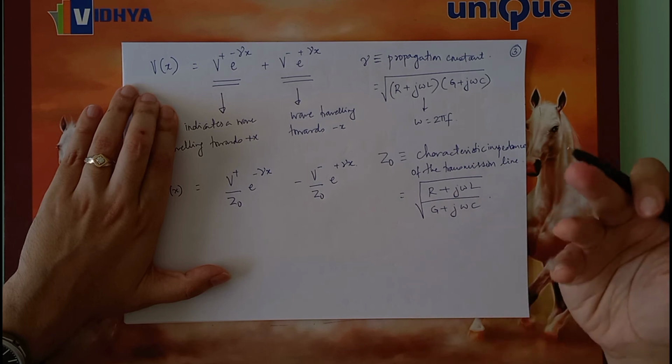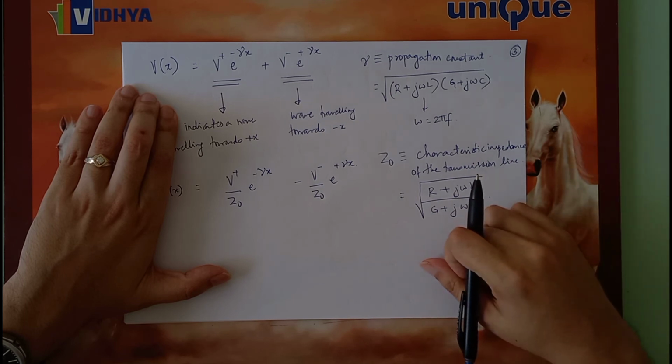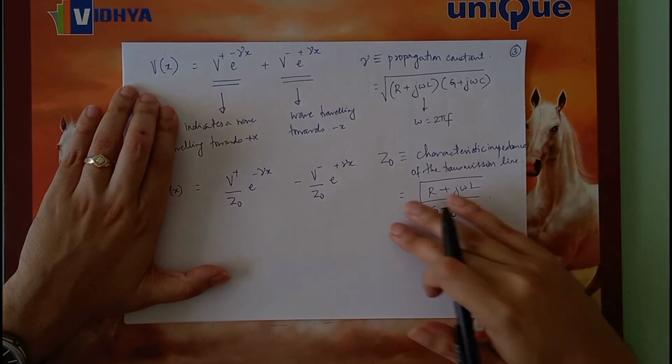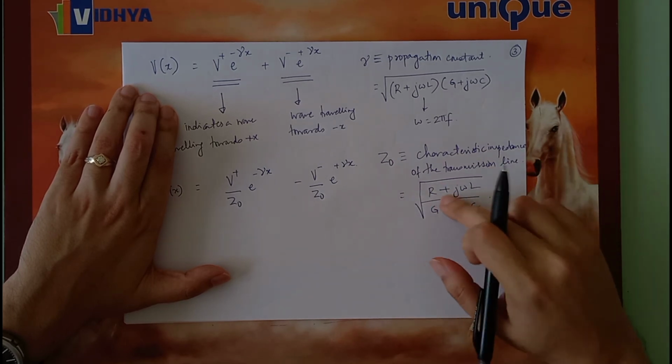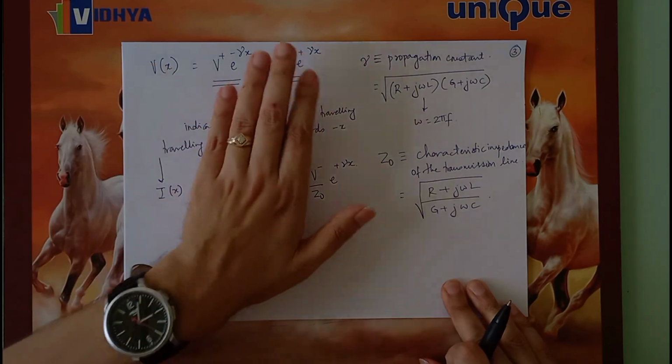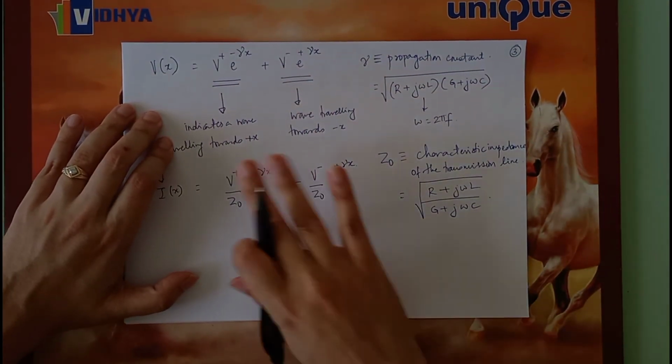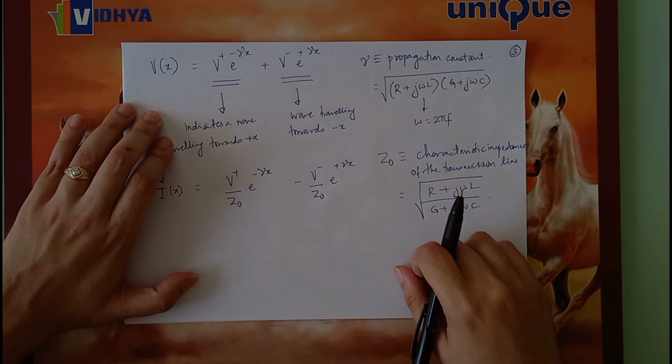If somebody asks you, how do you define Z0? You cannot simply say that Z0 is this quantity by this quantity under root. No, that is not a definition. That is just a formula for Z0. So the way to define Z0 is very, very simple.